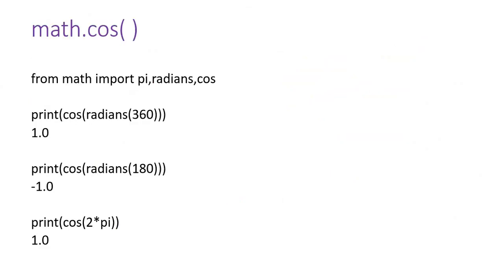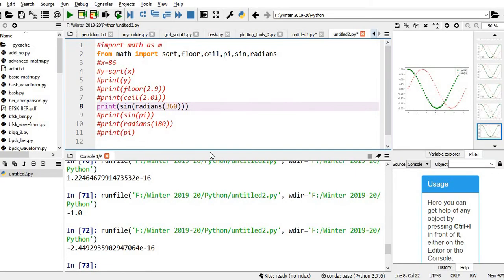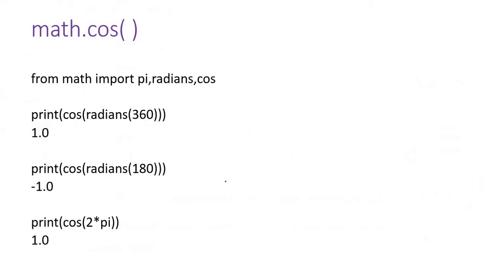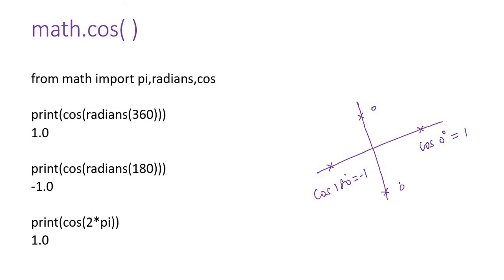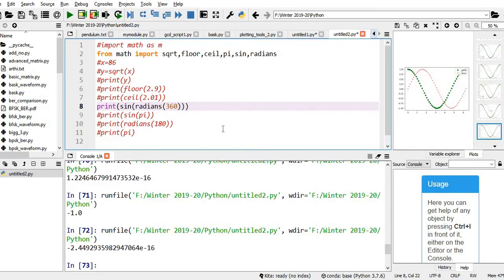So in the same way, the cosine function. We know that cosine 0 is 1, cosine 180 is minus 1. Cosine 90 is 0, 270 is 0. We'll try this. So for 0 or 360, I need to get 1.